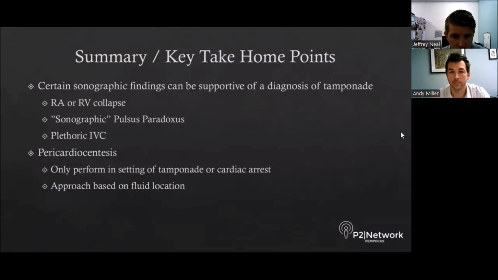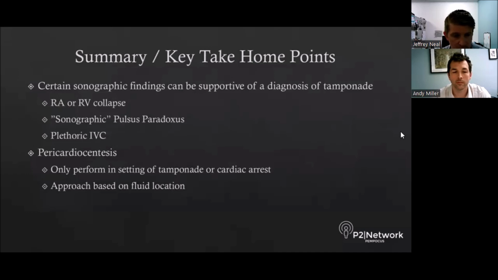So overall, in terms of our key take-home points for this lecture, certain sonographic findings can be supportive of a diagnosis of tamponade. Remember, right atrial and right ventricular collapse is the most important. We discussed also evaluating for sonographic pulsus paradoxus, as well as the plethoric IVC to support your sonographic diagnosis of tamponade.